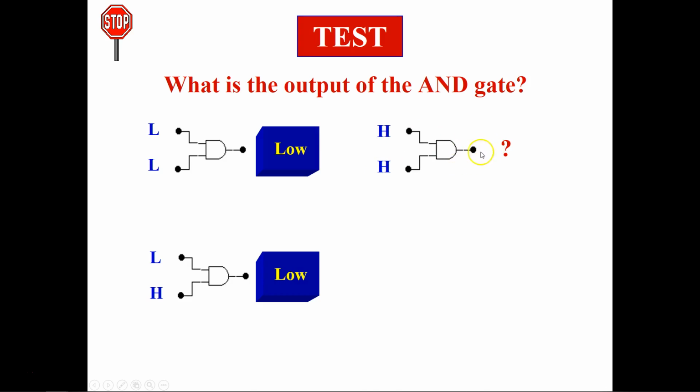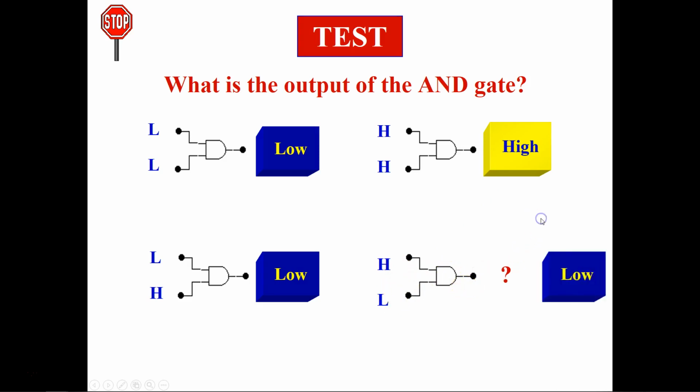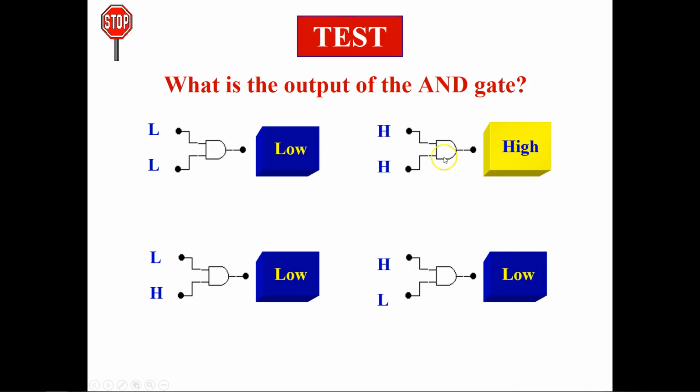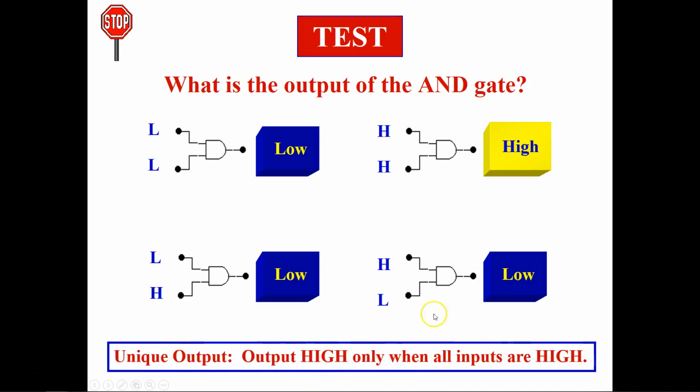And that 1 at the output means high. And then when high low, again the 1 and 0 multiplied will produce 0, and 0 is low. So this circuit you see here is basically showing the truth table which we discussed in the previous slide. And here it says output will be high only when all the inputs are high, which is true for the AND gate.